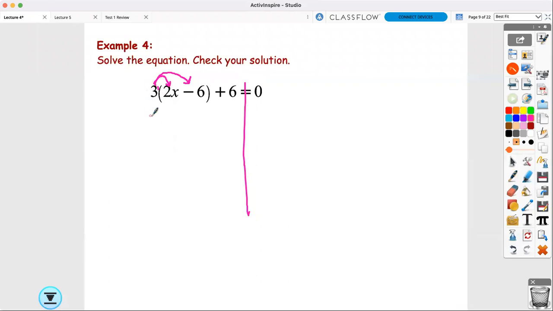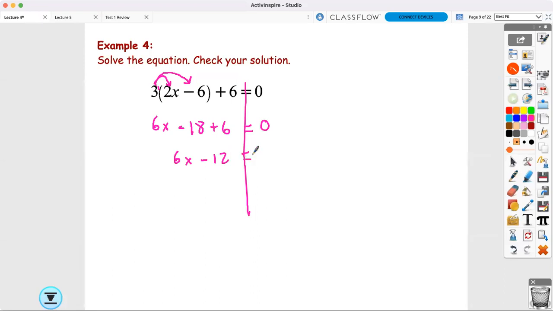So 3 times 2x is 6x. 3 times -6 is -18. Bring down the +6 equals 0. Combine your like terms now, step 2. -18 plus 6 is -12 equals 0.